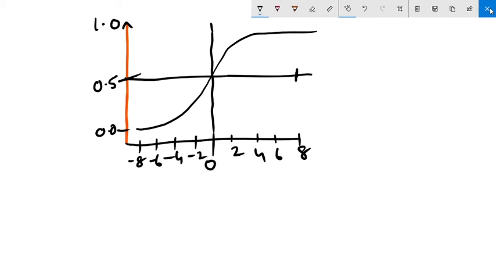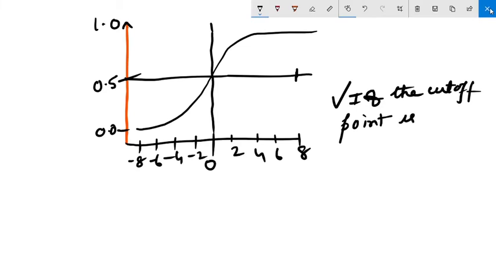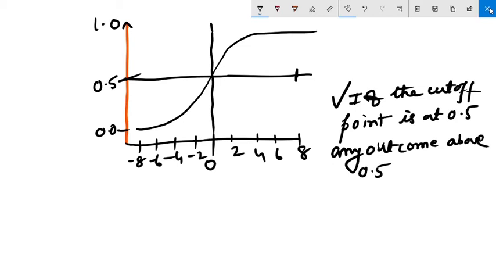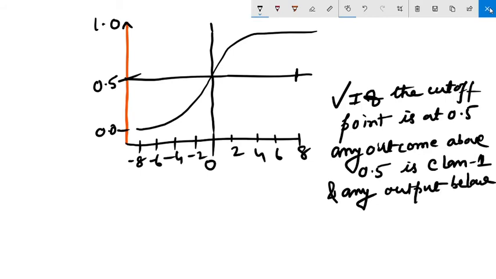Okay, so if the cutoff point is at 0.5, any outcome above 0.5 can be considered as class 1, and any output below 0.5 is class 0.